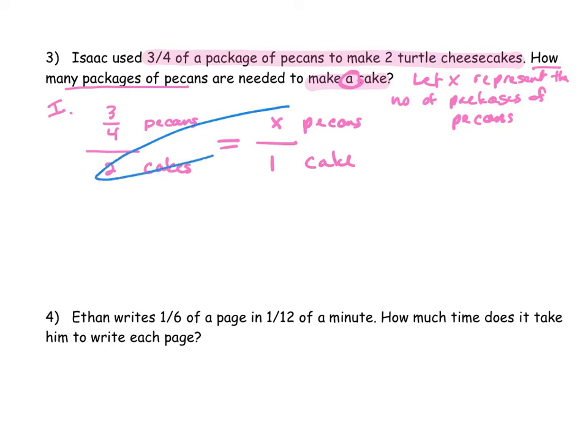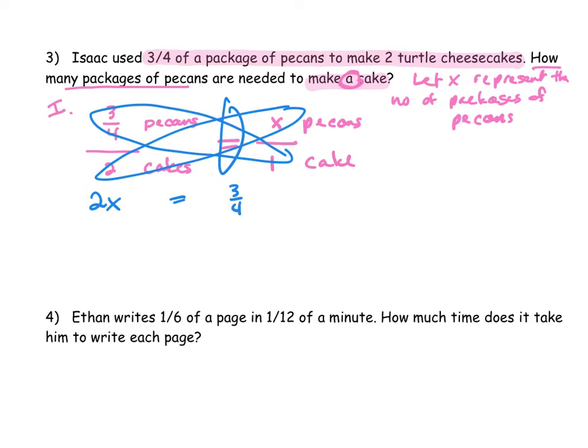We're going to use the butterfly method. I get 2x, drop down the equal, and 3/4 times 1 would be 3/4. So we're now to the solving step. We are going to divide by 2 on each side, and pause now and use your calculator, please.